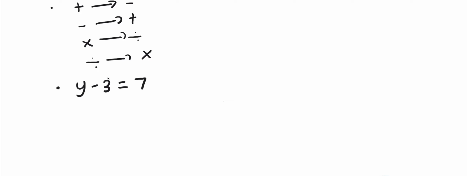What happens when minus 3 crosses the equal sign and goes to the other side? It becomes the opposite operation. What is the opposite operation of minus 3? It is plus 3. This is very easy. So it equals 10.